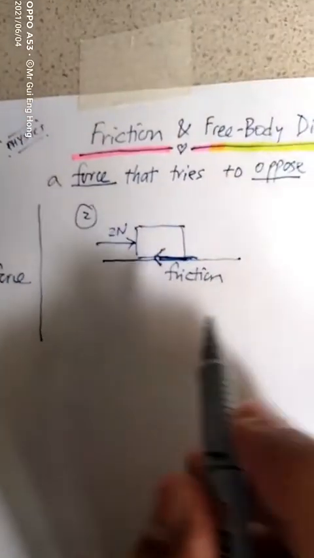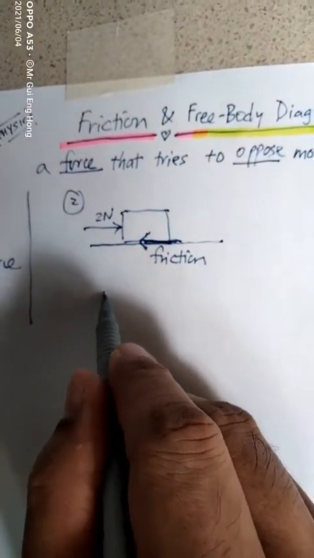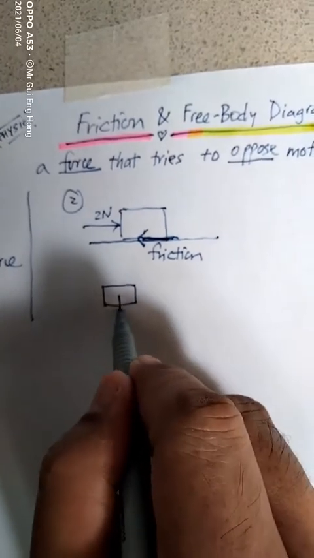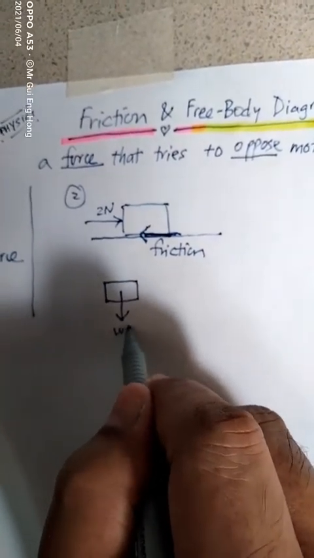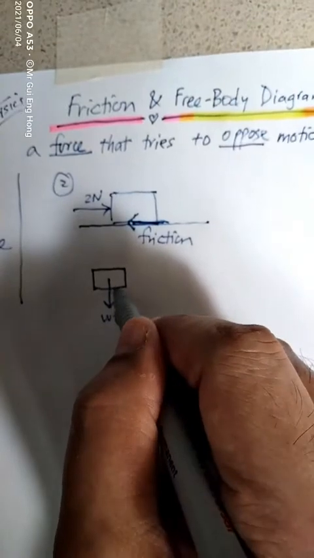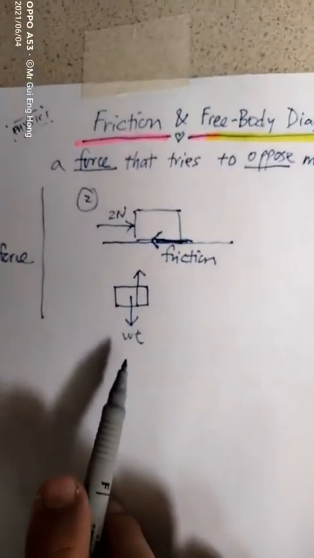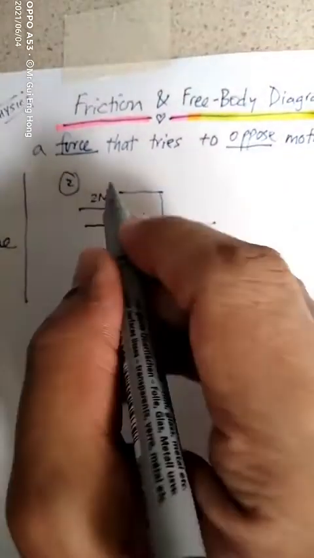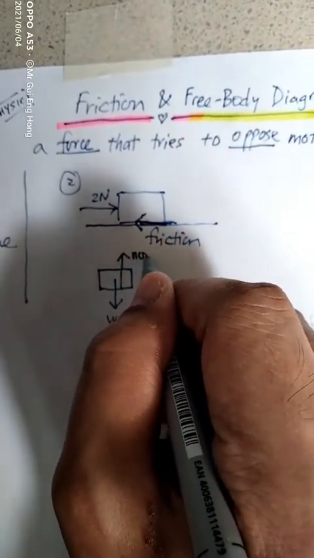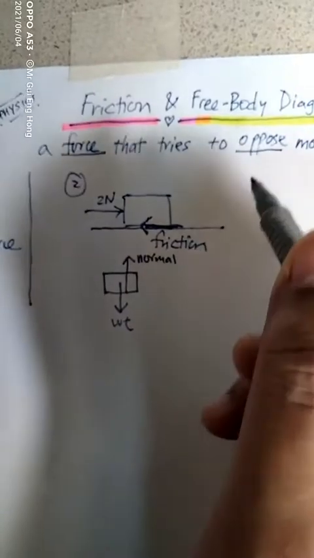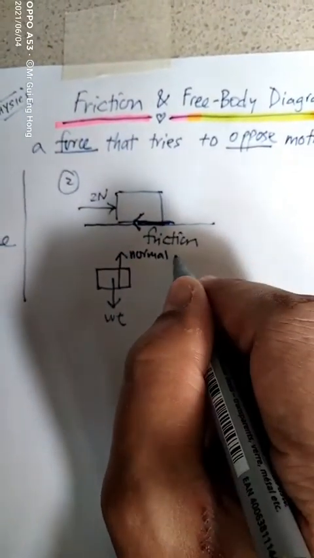Now if we draw the free body diagram, again we have the weight and the normal contact force. The weight is the attraction force by the planet Earth on the box. The normal contact force is the force by the table on the box.